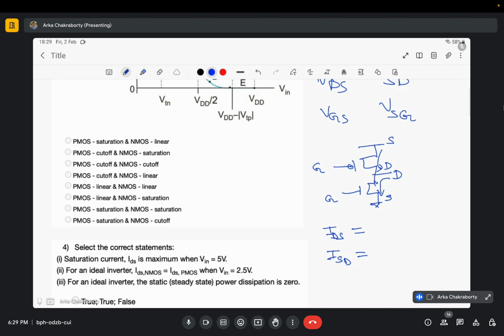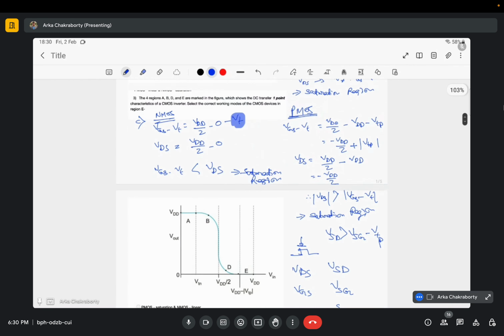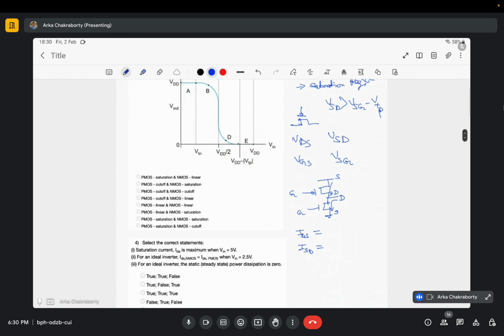If you want further clarification on why it goes from drain to source, I can go into that. This is the reason I have drawn it here also.